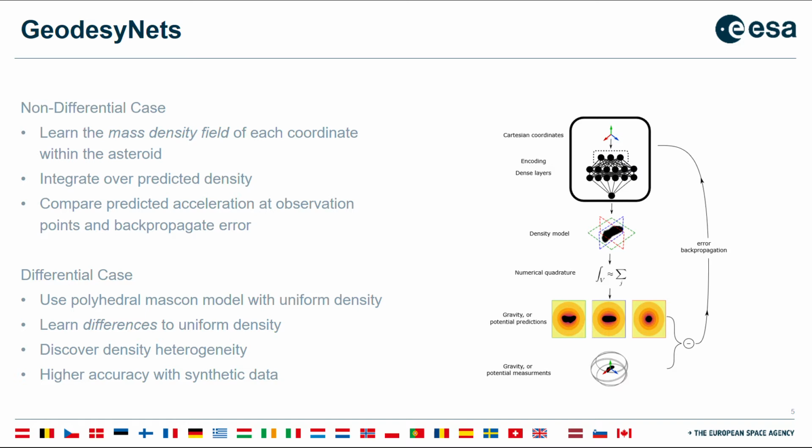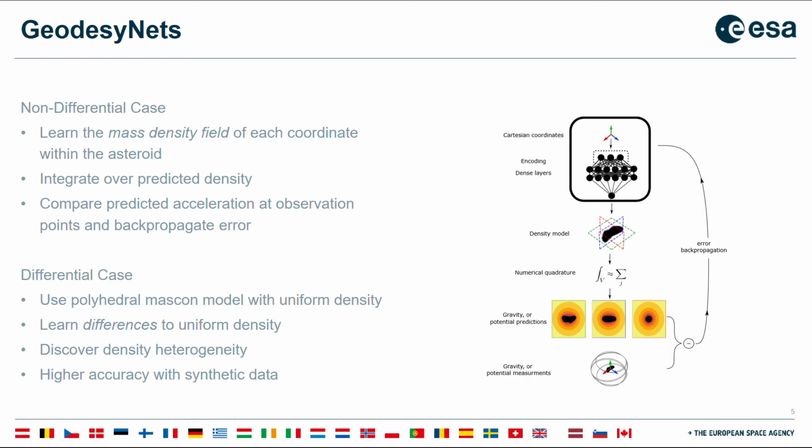And now in this general case I've described, there's no shape model needed. But if there's one available, we can train on the differences to uniform density. So here we assume the differential case, where we have the shape model given in some polyhedral form, and then we put mass concentrations in it to model a mass distribution with uniform density.